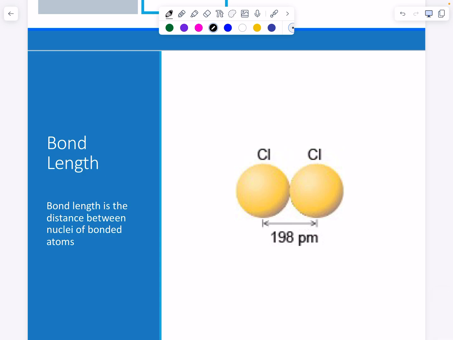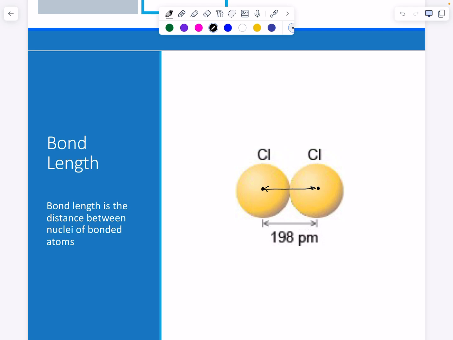So when we say bond length, it's the distance between our nuclei. It's this distance right here, as if we're imagining that the center of the nucleus is a point and how far those two atoms are. Bond lengths are experimentally determined.